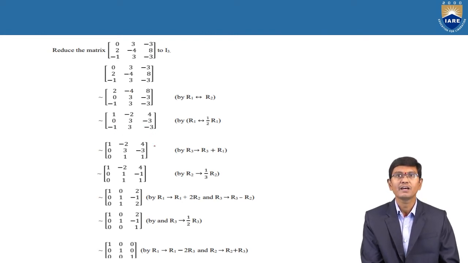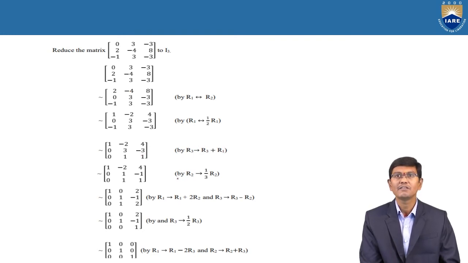Again, observing here, with the help of R1, the R3 value is minus 1. Therefore, by applying R3 plus R1, the minus 1 changes to 0, 3 changes to 1, and minus 3 changes to 1 only. Therefore, this matrix is 1 minus 2 4, 0 3 minus 3, 0 1 1, by applying the condition R3 plus R1.